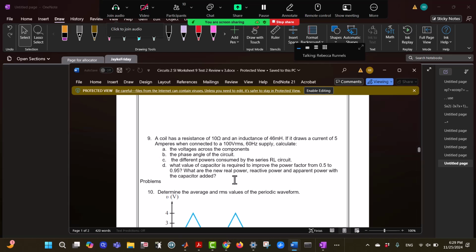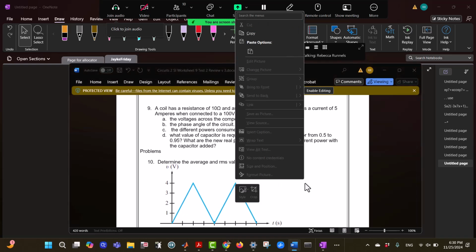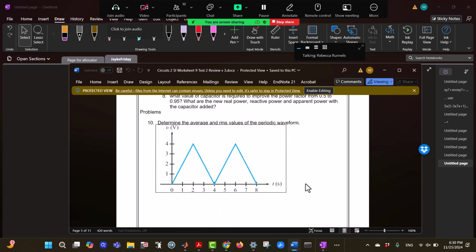The new reactive power is 86.6, and the new apparent power is 263. If I have a chance, I'll go back and redo that one, because I think that one was a good one. It's just worded differently from the way he words things, so it's one of the reasons I'm going to do a different one instead in a minute.